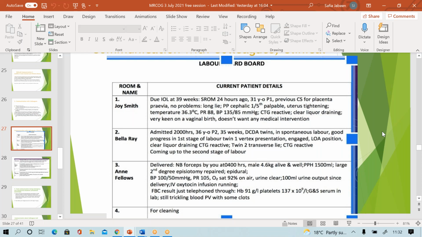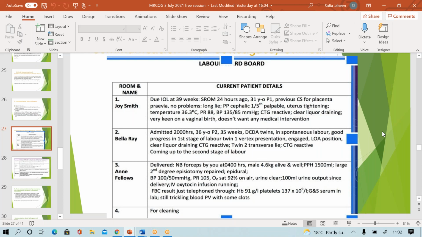It may simply say 39 weeks, 31 years old, primigravida or gravida 2 para 1, ruptured membranes, tightenings. Usually this is how a little information is given. For the rest of the information, it's very important that you follow SBAR.